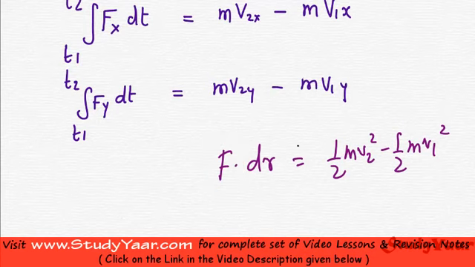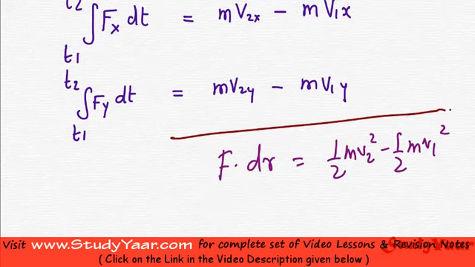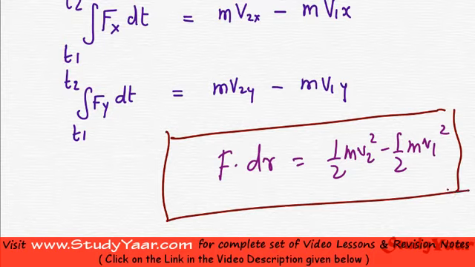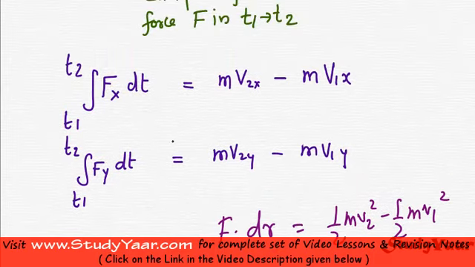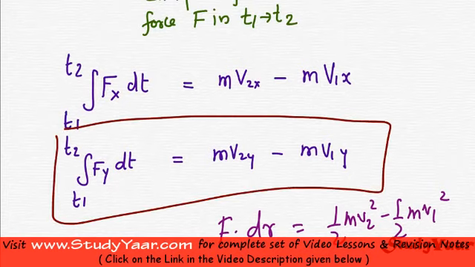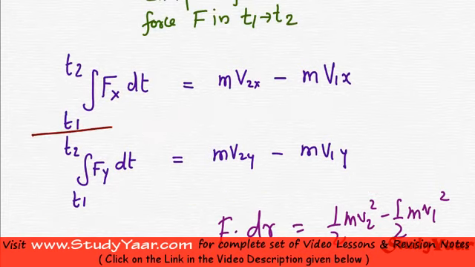If you are given force and displacement and want the velocity, you use the work-energy principle. If you are given force and time and have to find the velocity, you use the impulse-momentum principle.